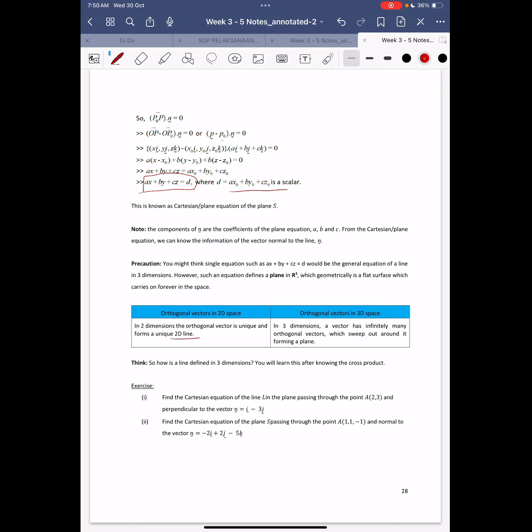However, if the orthogonal vector is in 3D space, you will get the equation of a plane. So your equation now has x, y, and z components. Okay, so you can try this exercise, and we discussed it in the class.